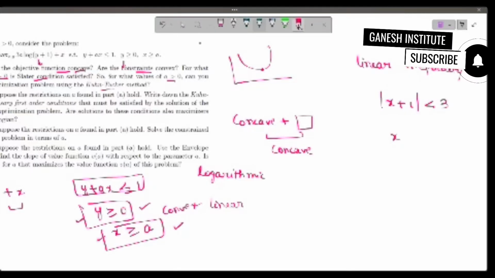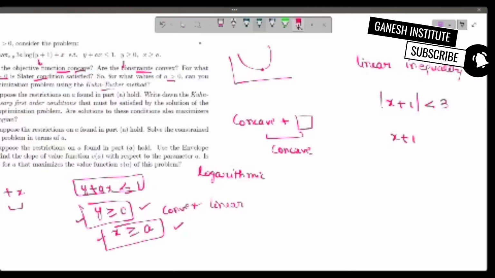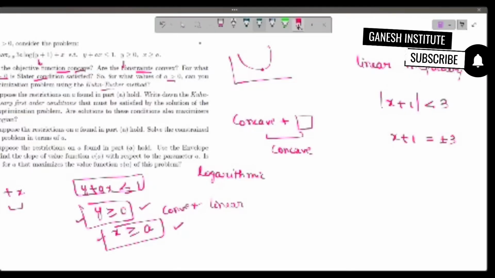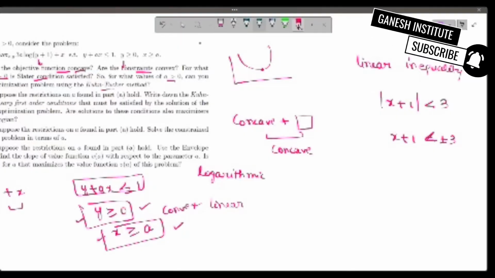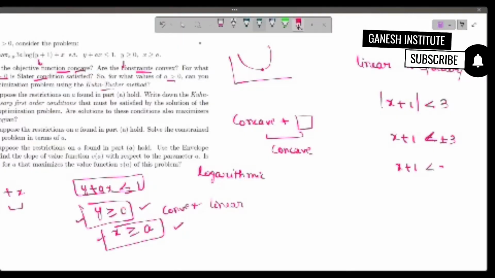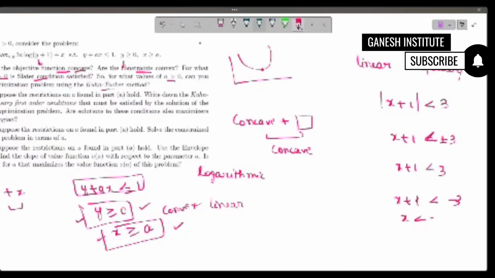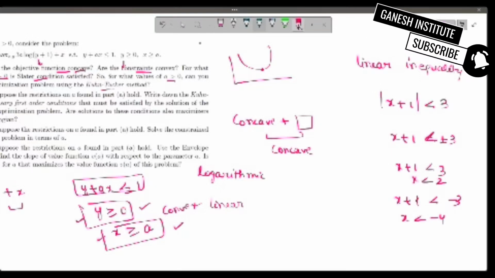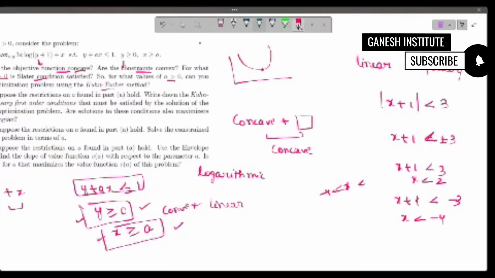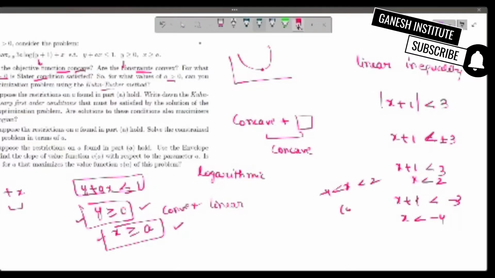So you consider it as plus minus 3. Then you can put less than 3 and less than minus 3, and you'll get minus 4 and 2.